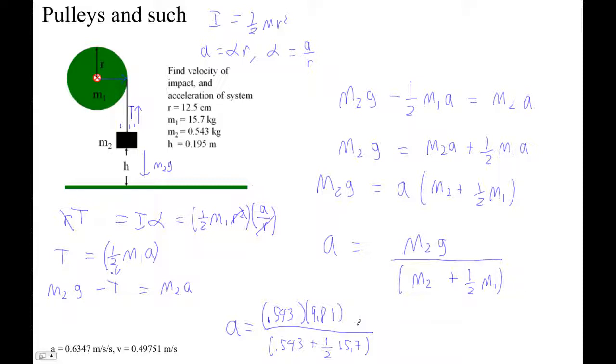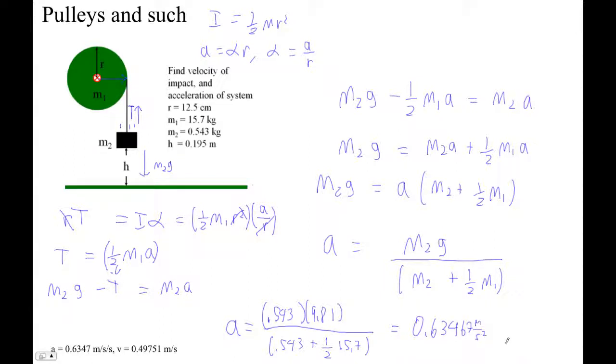So 0.543 times 9.81 divided by parentheses 0.543 plus 0.5 times 15.7, and I get that the acceleration is 0.63467.